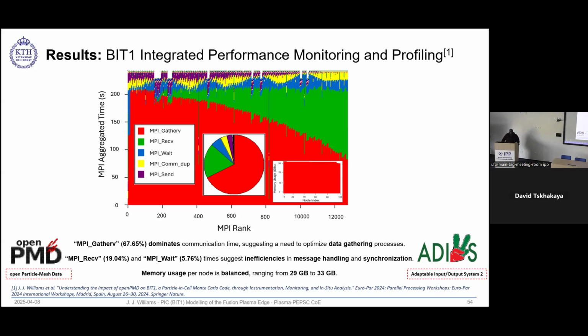Yeah, question? So you showed some really nice analysis for how the code performs on the Lustre file system. Did you have the chance to do the same for other file systems like NFS and ZFS? Yes, actually, that's an excellent question. I didn't do this.